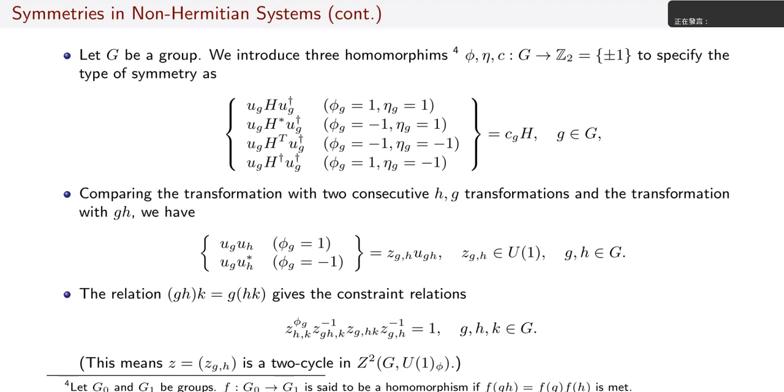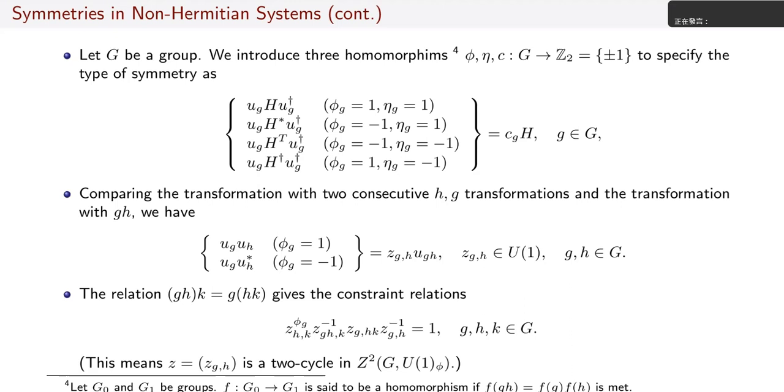Excuse me, is there a typo in the phi and eta? For example, you say phi is -1 if there's a complex conjugation, then the third one should be plus, right? It's not a typo.